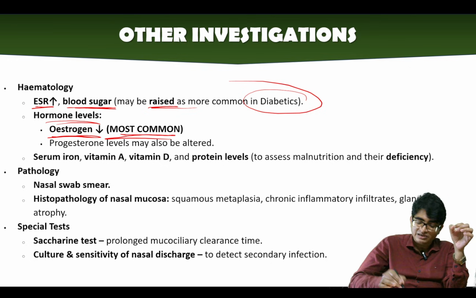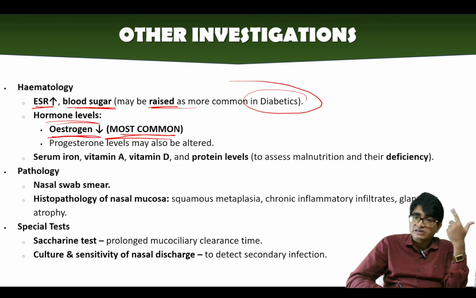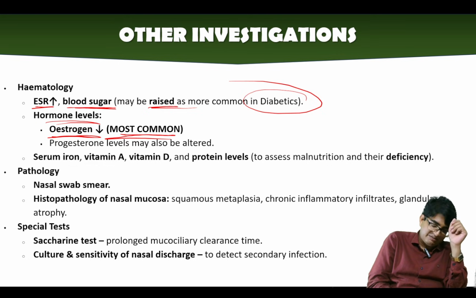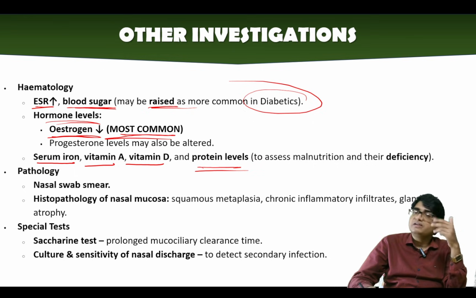I have told you already. The most common finding on hormonal tests is decreased estrogen levels. Okay. Now, if the patient is having malnutrition, obviously I have said three malnutrition: iron, A, D. So yes, serum iron, vitamin A, vitamin D, as well as some protein levels may be deficient.